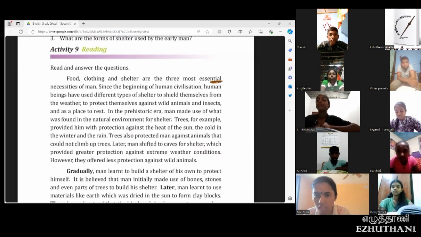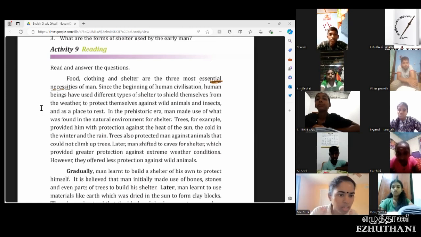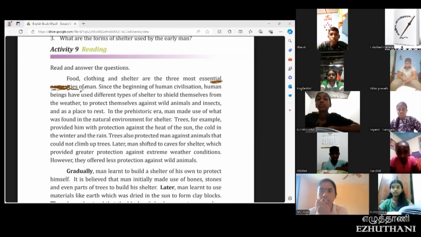So necessities, N-E is ne, se, se, tees. So T-I-E-S, let me see, T-I-E-S on its own. So I crossed out the first part. So you have T-I-E-S at the end, right?